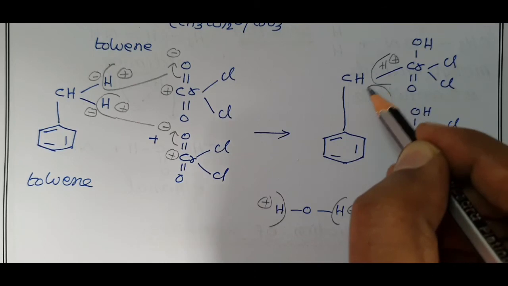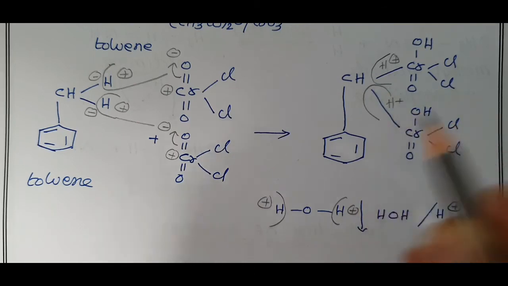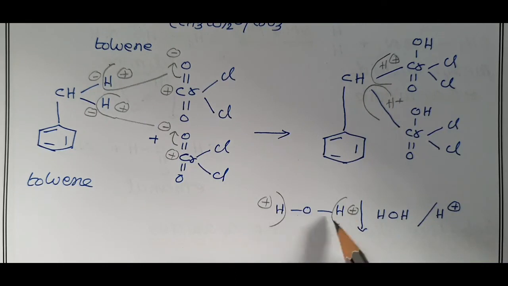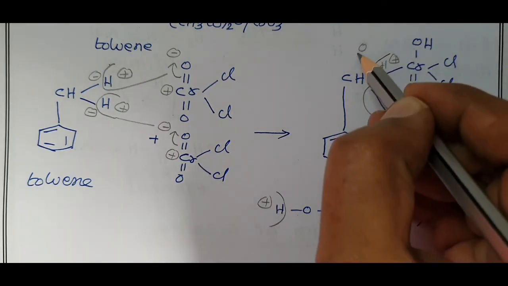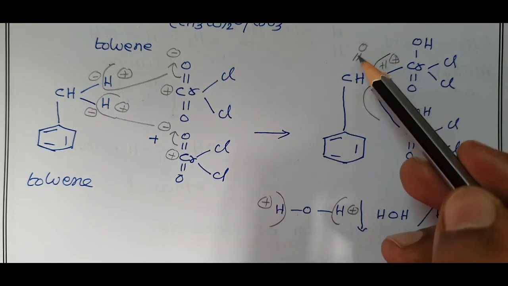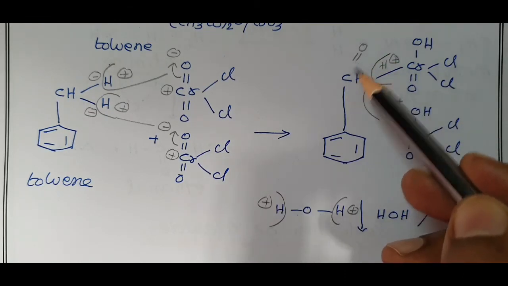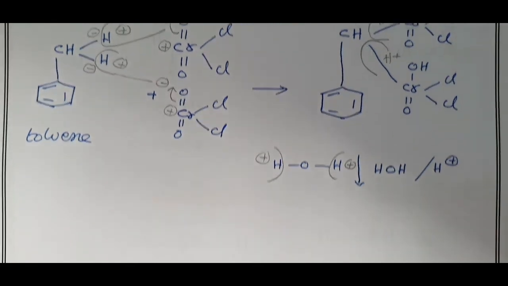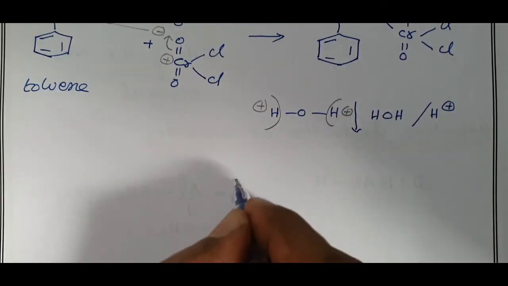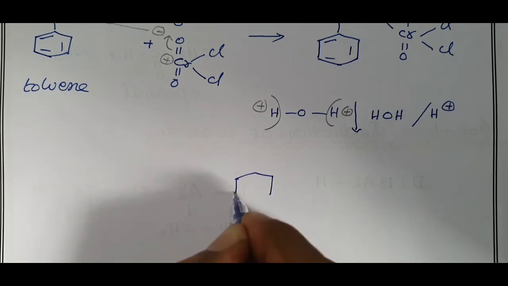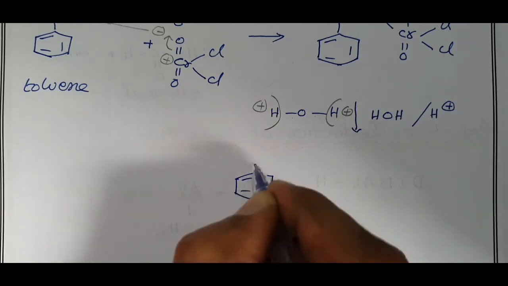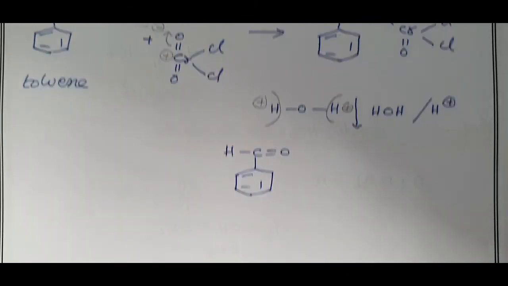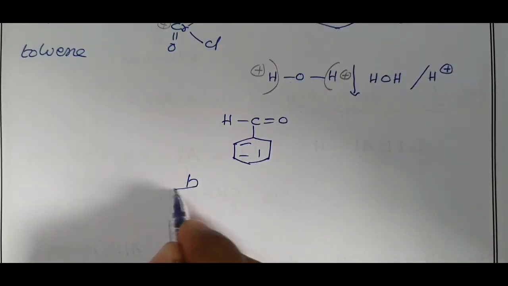To this minus, 1 H plus is added. Carbon lost its 2 electrons. Those 2 electrons are given by oxygen, oxygen double bond. Now this oxygen with the double bond is added to this carbon atom. Our product is formed. Now I write the product, C6H5. To this carbon, one oxygen is added, C double bond OH.